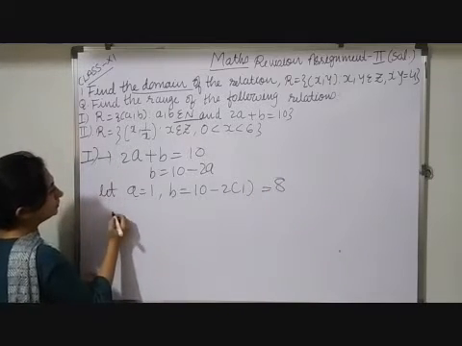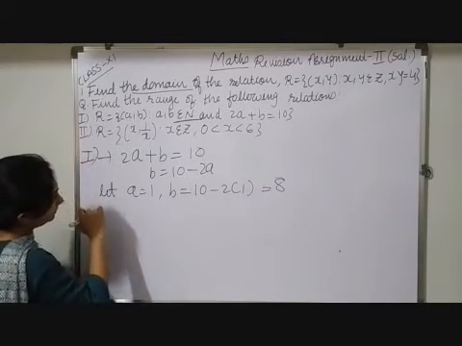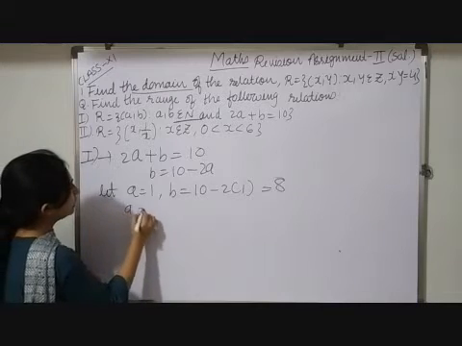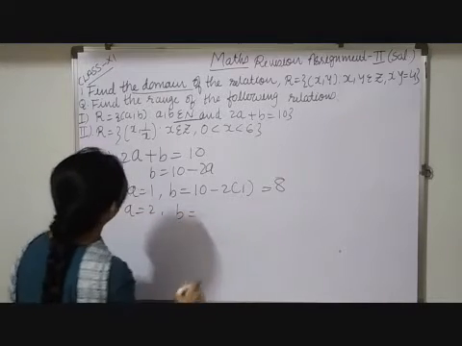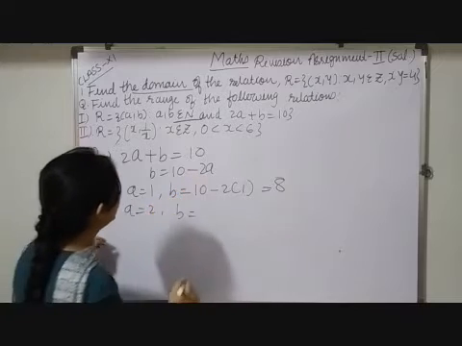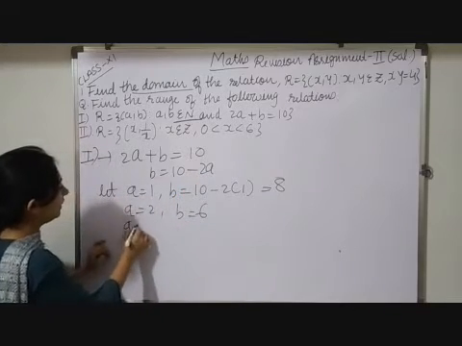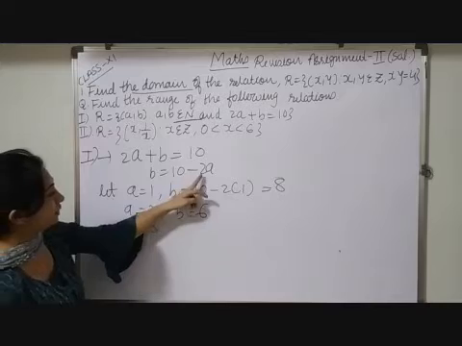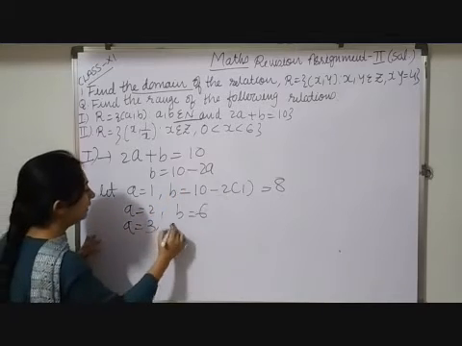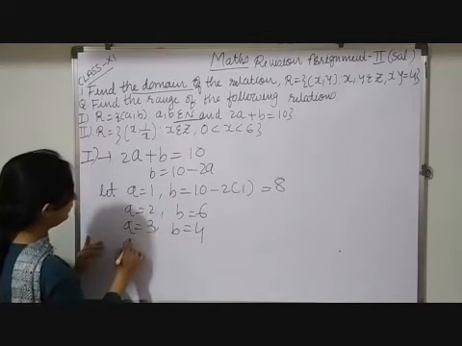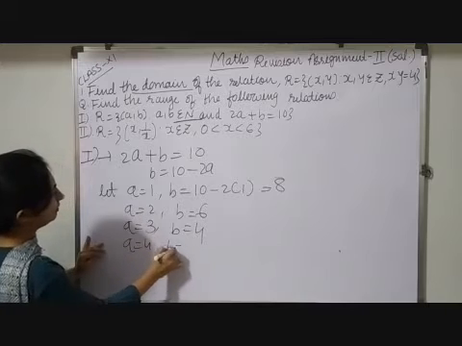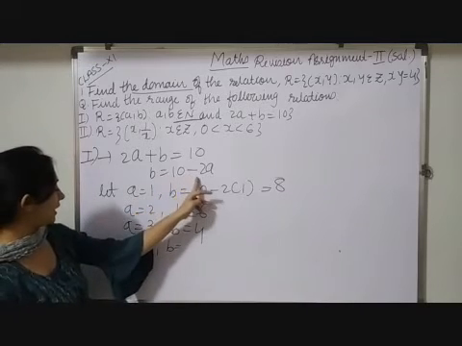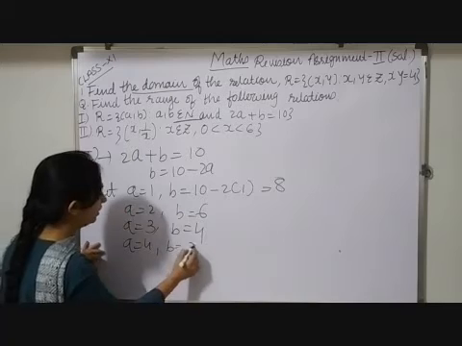If we choose a equals 2, b will be 10 minus 4, which is 6. If a equals 3, 3 2s are 6, 10 minus 6 will be 4. If we choose a equals 4, 4 2s are 8, 10 minus 8 will be 2.